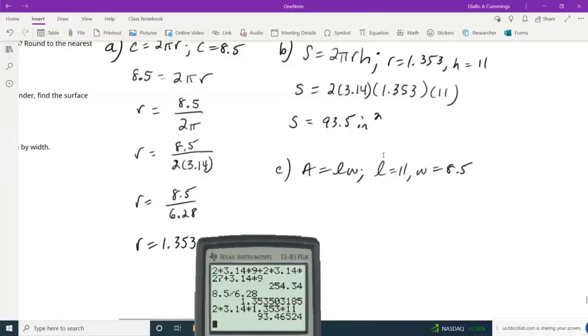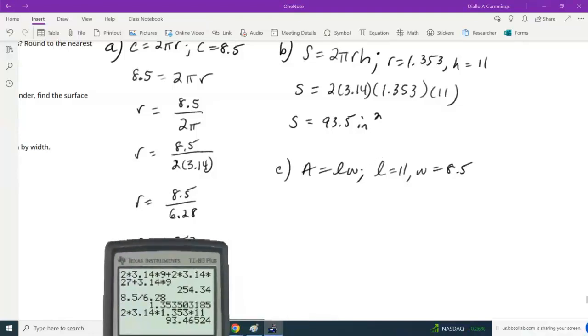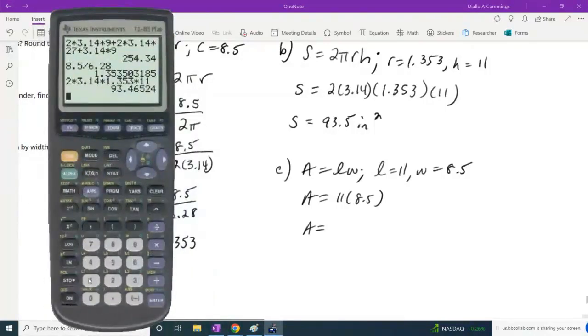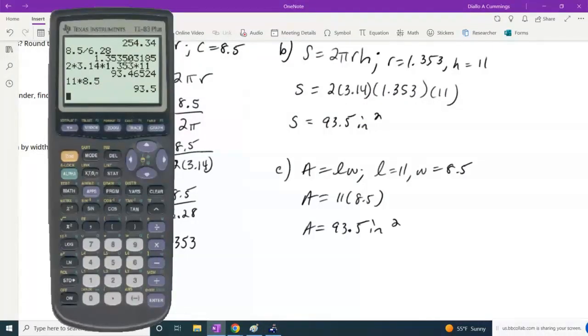Because it's the same sheet of paper, same area. So I'm going to multiply 11 times 8.5. And we get 93.5 square inches.